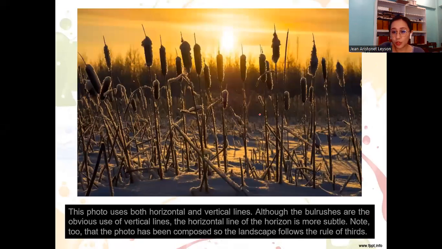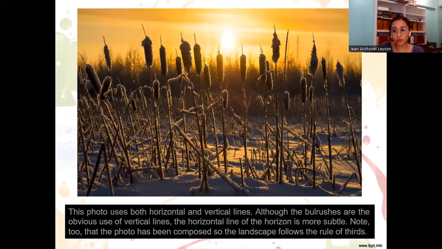This photo uses both horizontal and vertical lines, although the bulrushes are the obvious use of vertical lines. The horizontal line of the horizon is more subtle. Note too that the photo has been composed so the landscape follows the rule of thirds.